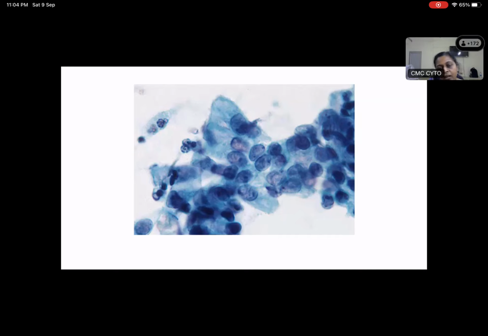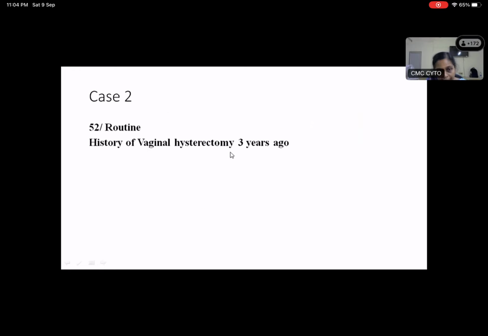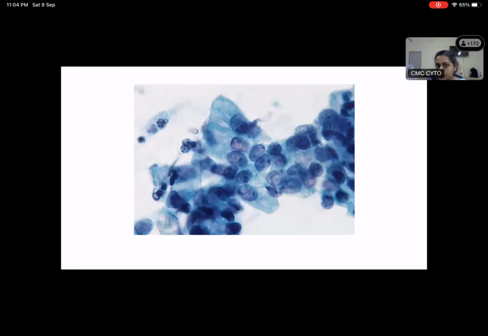Yeah, you can't really call them definitely as endocervical, but yes, they are columnar cells falling more into the endocervical cell category. So these are actually glandular cells. She has had a hysterectomy, so you should really not be seeing glandular cells. In a vaginal smear, you can only see squamous cells.